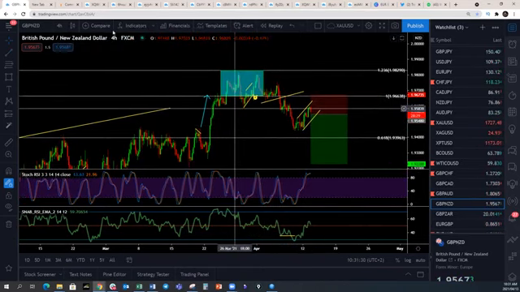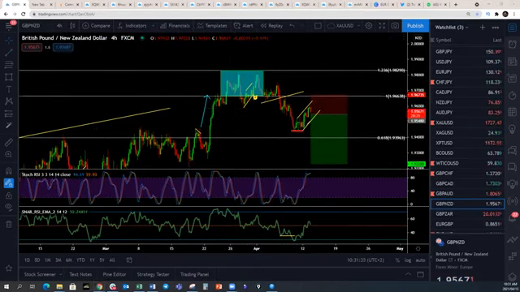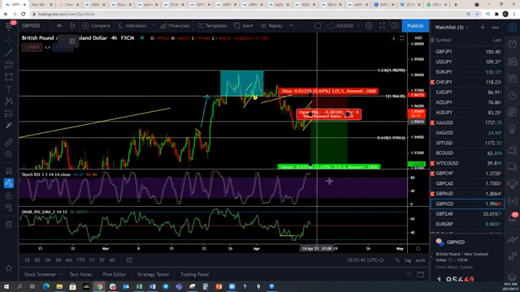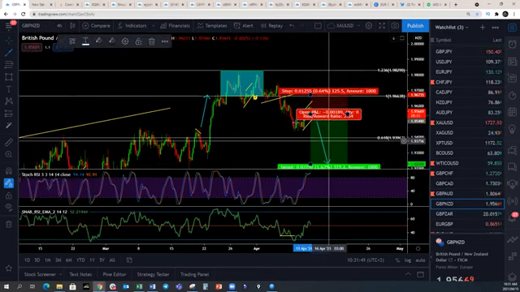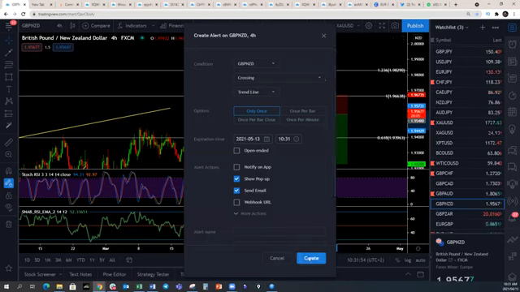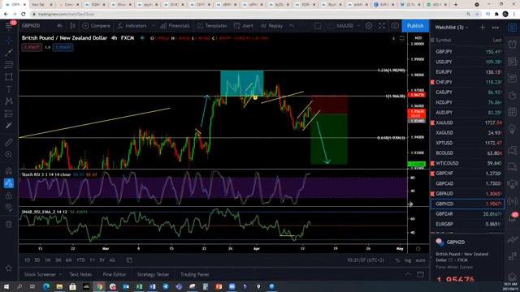Not below the low of the flag, because the low of the flag is here. So we want the candle to close below the lower boundary of the flag. That's a nice one to look at. So we'll be looking for this. Let's put an alert on this one. No confirmation yet.